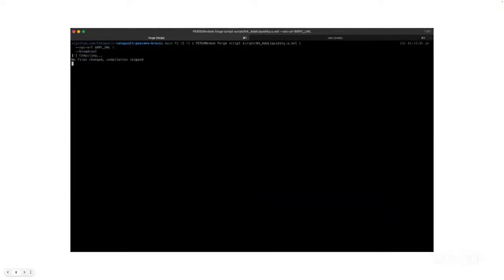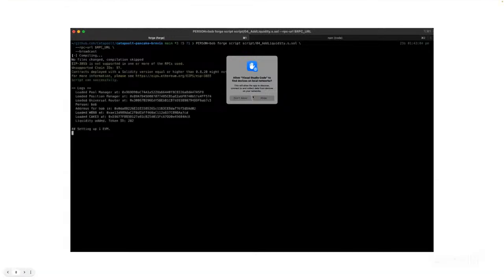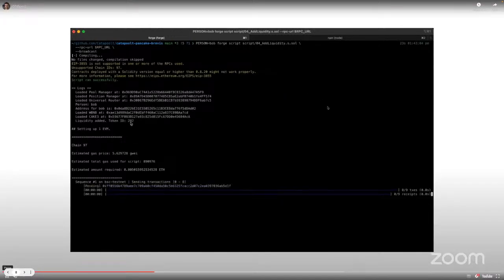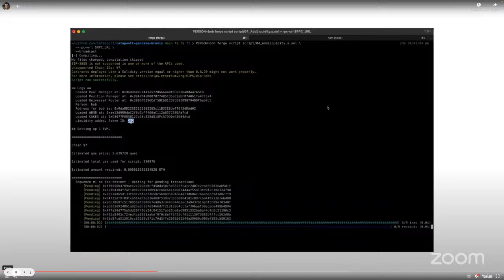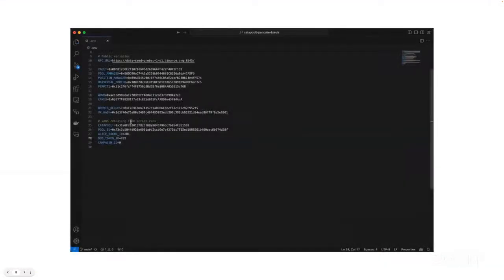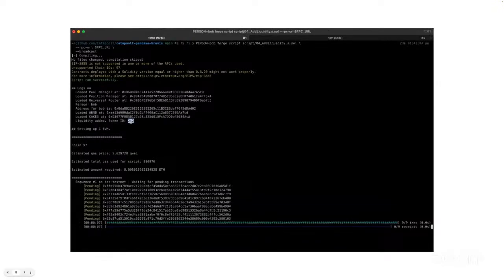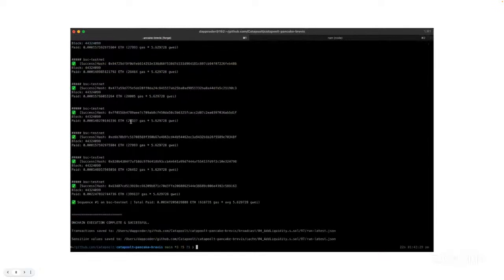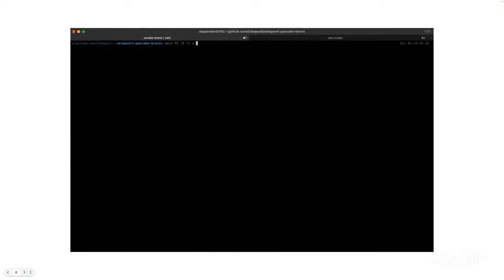Now it's Bob's turn. So with Bob, we'll add the same amount of liquidity for the same tick interval. Okay, so both Bob and Alice have added the same amount of liquidity in the same tick interval.